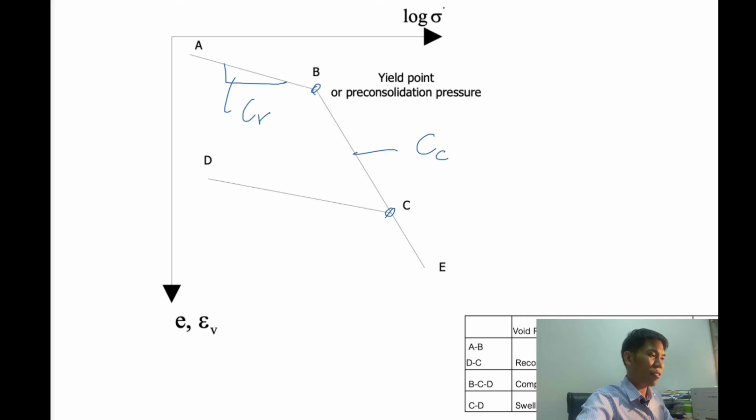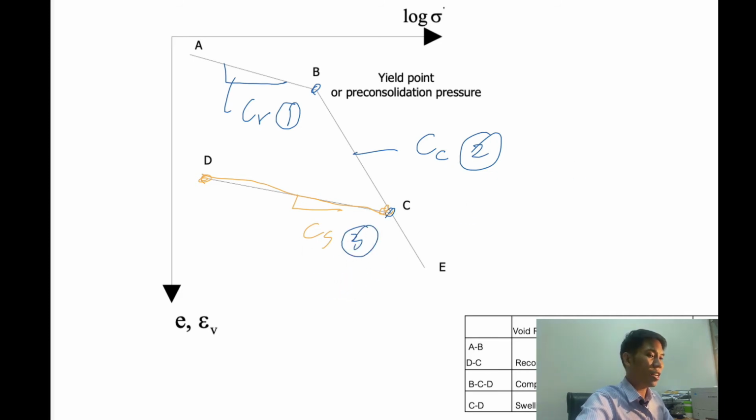And after that, the load will recover up to this point. This one is the so-called swelling index. So you have to report to me the first one, how much for recompression index, how much for compression index, and the last one is how much for swelling index.